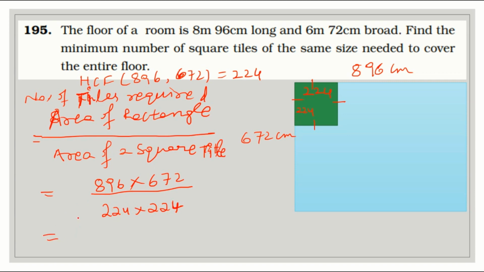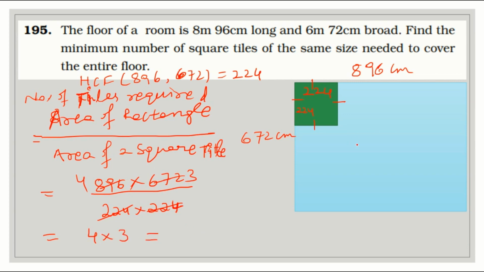Now 896 divided by 224 gives you 4. 672 divided by 224 gives you 3. That is 4 into 3.